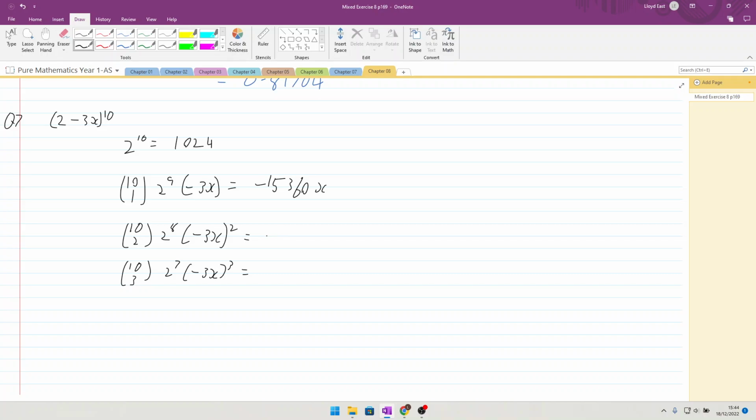That's going to be a plus: 103680x squared. And then for the last one, 10C3 is 120 times 2 to the power 7, that gives 15360 times by minus 27, for 3 times 3 times 3, is minus 414720x cubed.